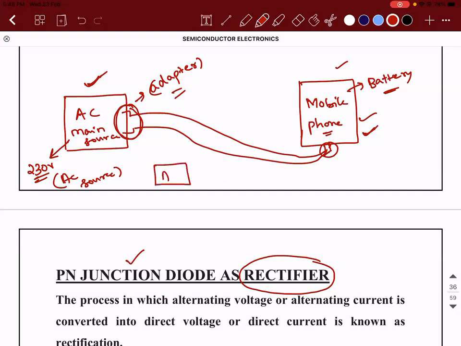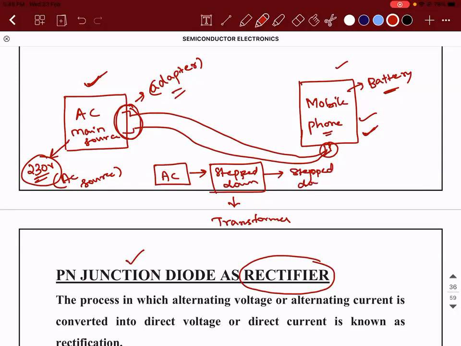First, this AC value, which is 230 volt, has to get stepped down. What is the device you use for stepping down the value? Knowledge from your 7th standard, 7th chapter. It is a transformer. The transformer will give you a step down AC value.